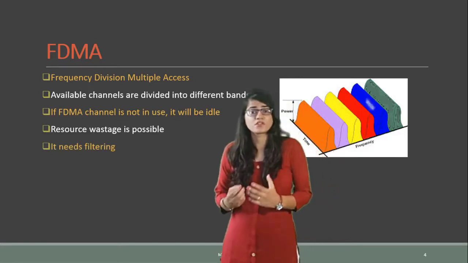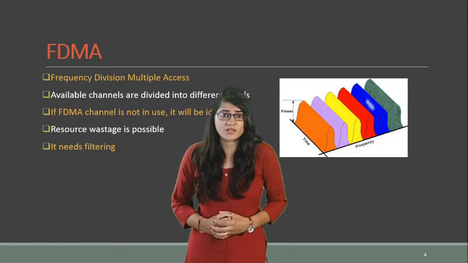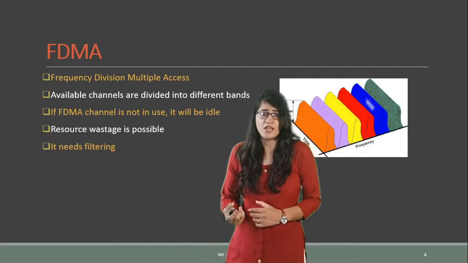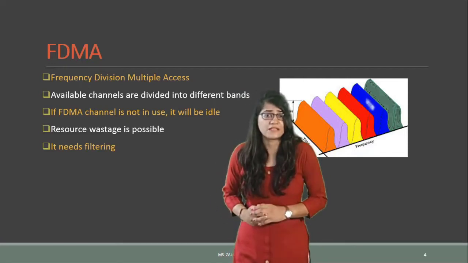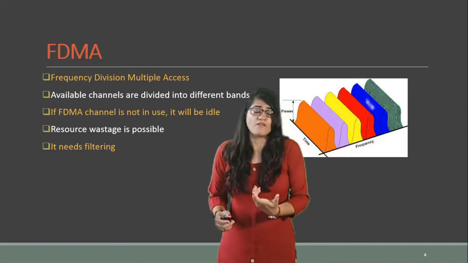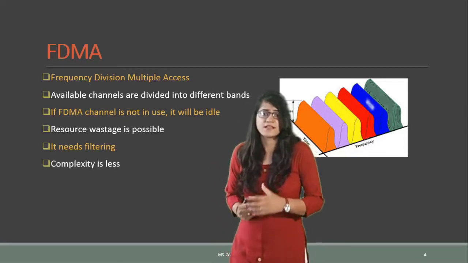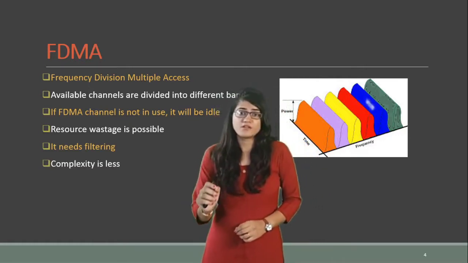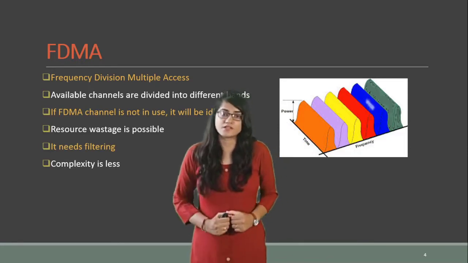There is also some distortion present, which we will see in the nonlinear effect of FDMA, and because of that nonlinearity, some amount of filtering is necessary to get the available channels. Obviously, the complexity is less because one particular user uses one channel, so each individual user uses an individual set of channels.